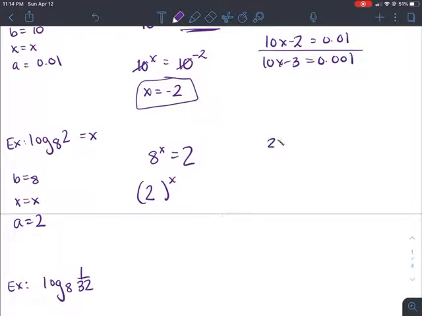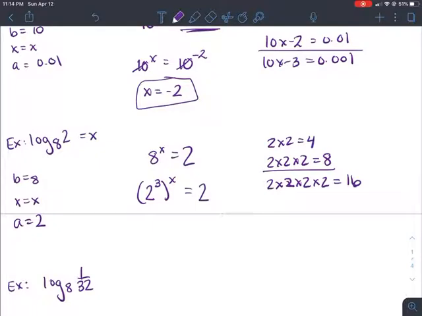Okay, 2 times 2 equals 4. 2 times 2 times 2 equals 8. 2 times 2 times 2 times 2 gives me 16, and so on. Okay, so I'm going to say that (2 to the power of 3) to the x equals 2. Okay.